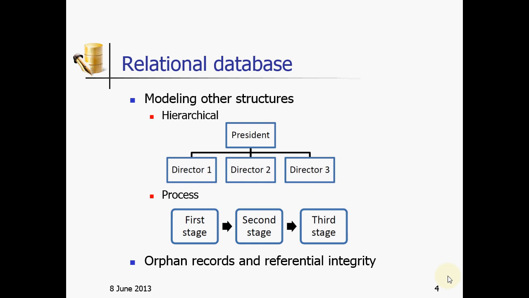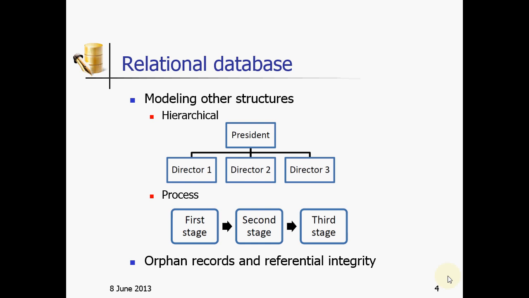Well, it's difficult to build because many of you are tempted to build a table for the presidents, even though this table has only one person inside, a table for the directors, a table for the bosses, a table for the employees, and a table for the slaves.